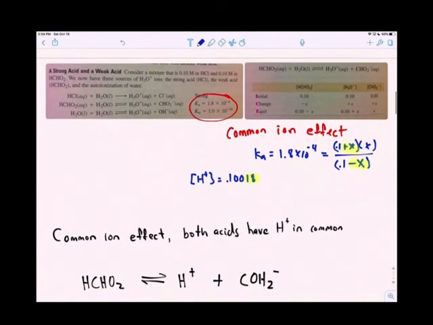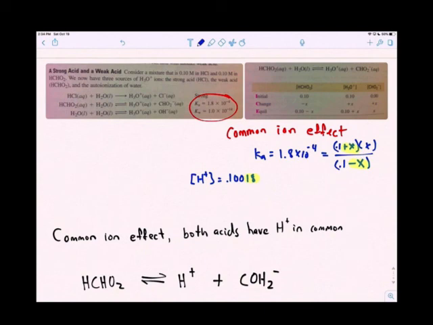Okay, so what about if we have a strong acid and a weak acid together? In this case, we have a mixture that's 0.1 molar hydrochloric acid and 0.1 molar formic acid.